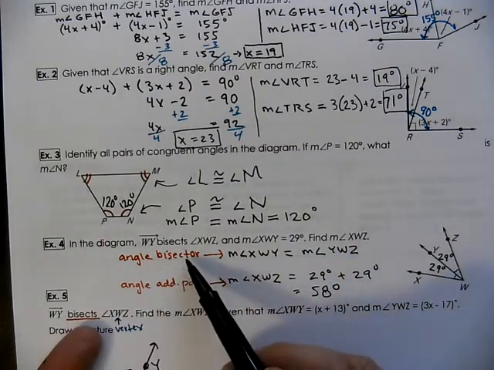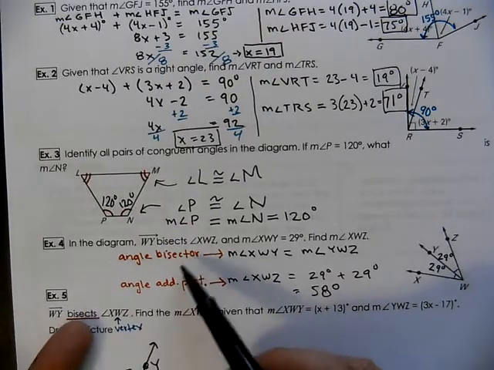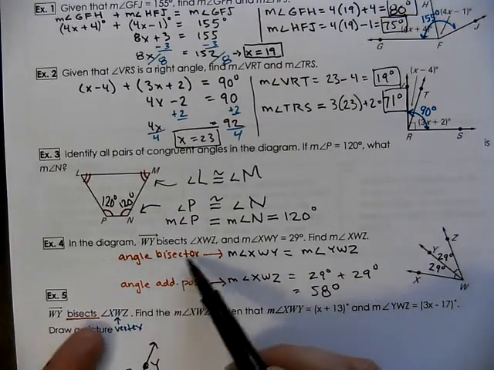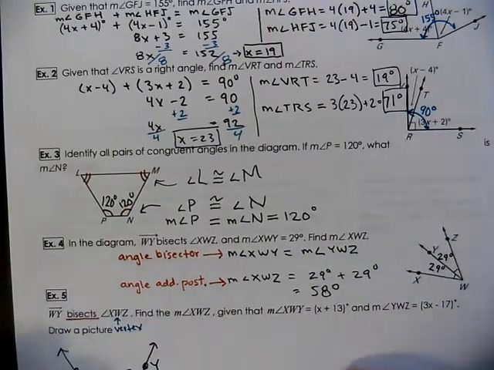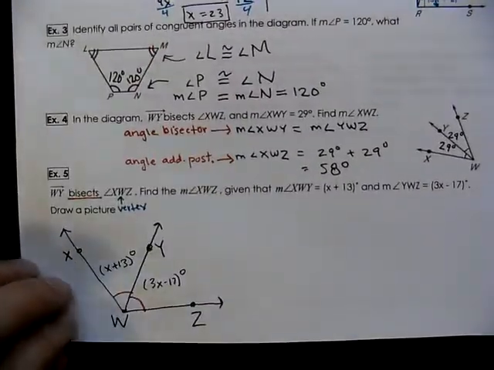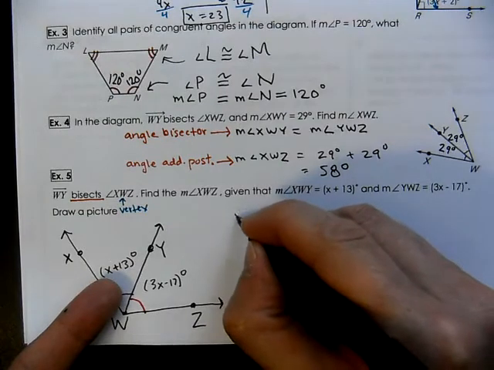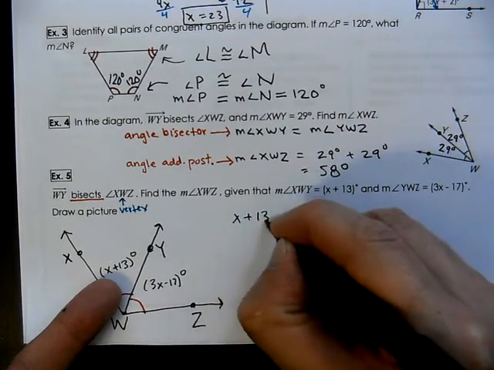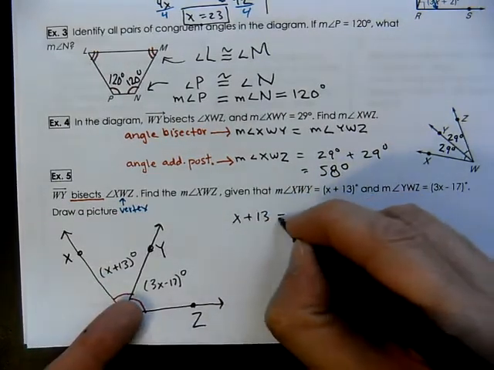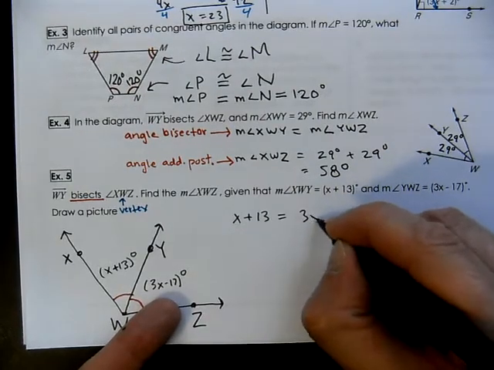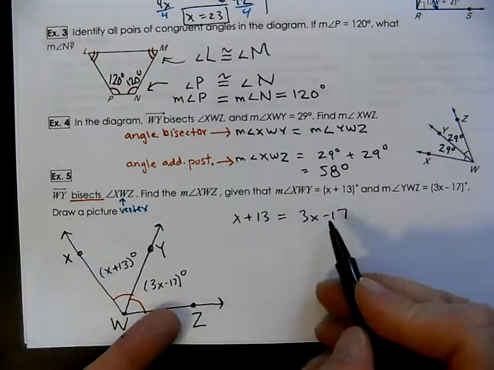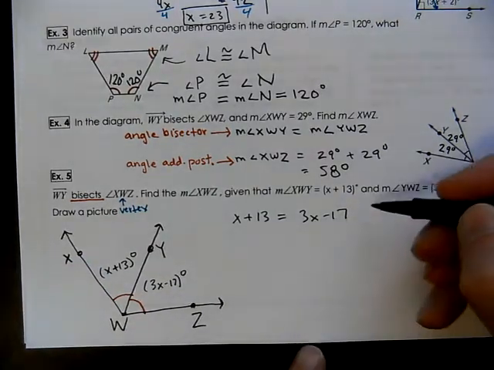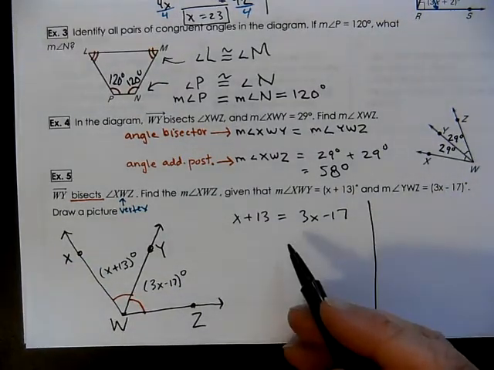And this is in fact what we must do because we have an angle bisector. That's our key word. Because of the bisector, we know the angles are the same size, and that's how we start. So I'm going to start by setting the angle on the left, the x plus 13, equal to the angle on the right, 3x minus 17, because they're the same size. So we did not add them together. So we have to solve for x here.